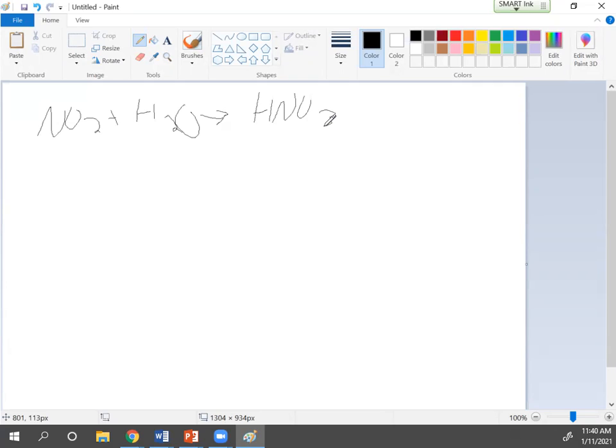Now, let me do another one. That'll maybe answer this question. What if I go P2O5 plus H2O? Same type of thing. It's a compound plus a compound, so it's a non-metal oxide plus water.